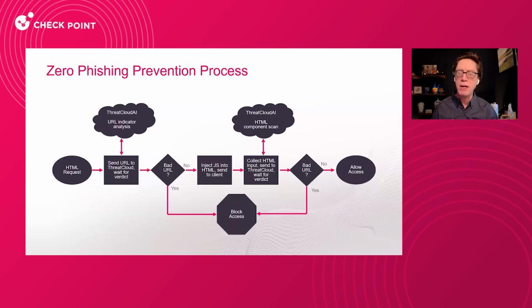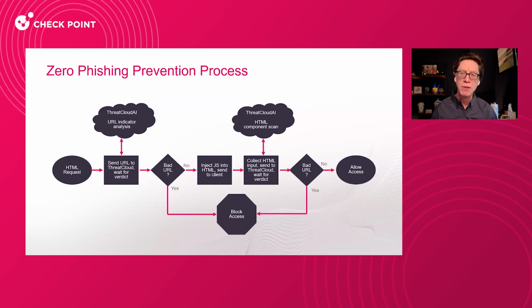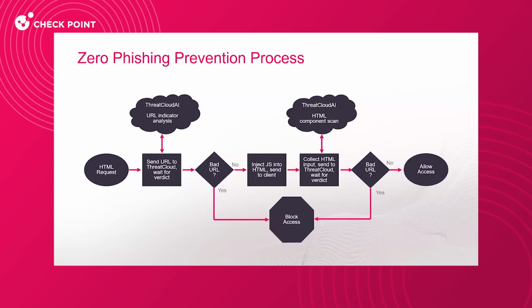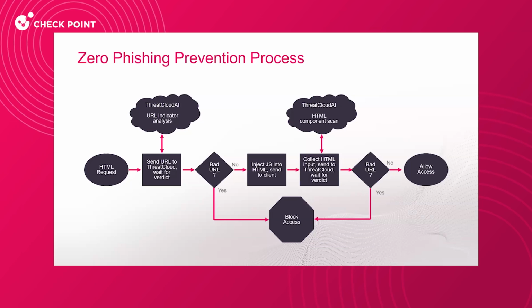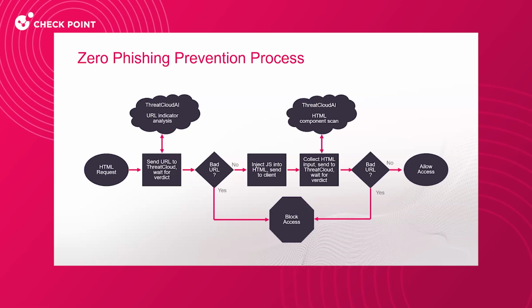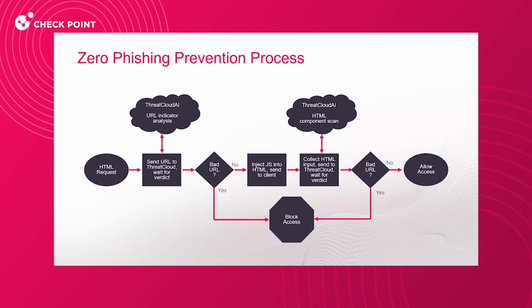Let me explain a little bit what that is. We call it Zero Phishing, and there are actually two levels to the whole process. The first thing is to send the URL to Threat Cloud to look for the reputation of that URL. And obviously, if it's bad, we block it. If it isn't, though, the second level kicks in.